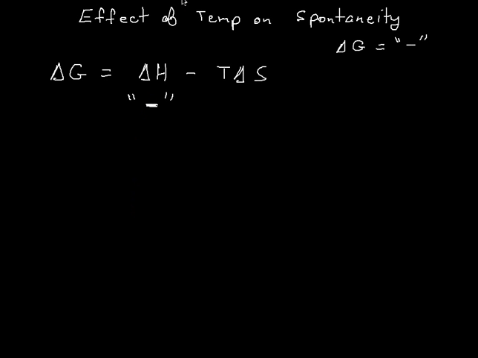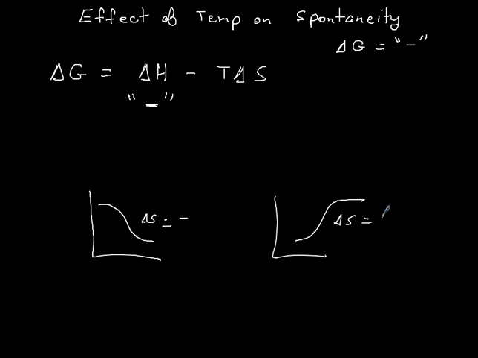Now let's look at entropy. If you look at entropy, you have decreasing entropy versus increasing entropy. So here your delta S is negative, and here your delta S is positive. This is entropy on this axis. Remember, what's favorable for entropy?